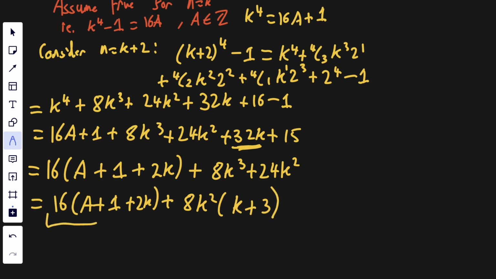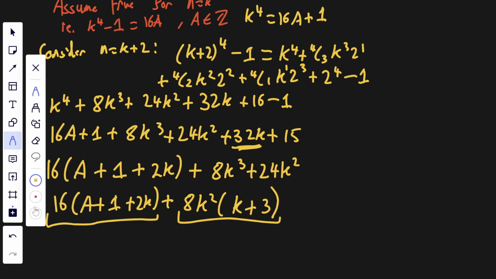Now, this is certainly a multiple of 16, but what about this? Well, it's already a multiple of 8, so we just need to show that this is a multiple of 2, no matter what k is. And I said before that when you get to a stage like this, your first step is to factorize as much as possible. Once there are no more obvious factorizations to do, if we still haven't got to our answer, we need to look at proof by exhaustion.